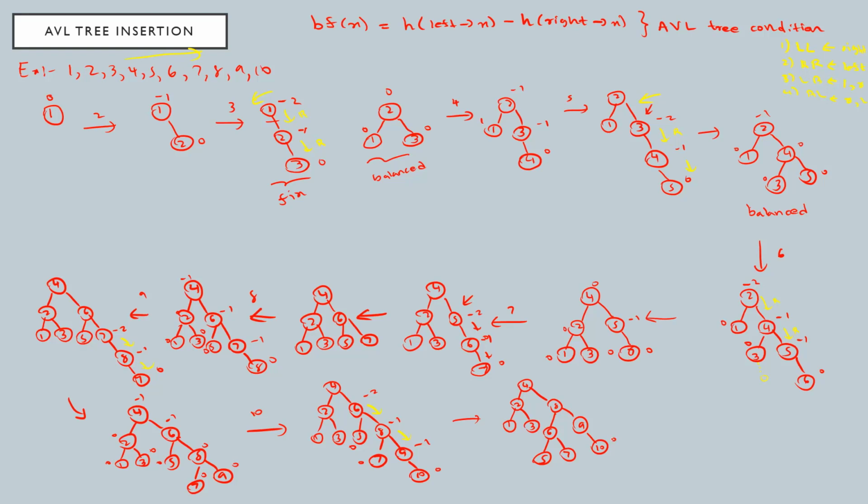So let me consider the balance factors again. So leaves are always 0, these are leaves, and these are 0 again, this is 0, this is -1, and our tree is balanced, and we completely inserted each and every data as well. So this is the way insertion in an AVL tree works.